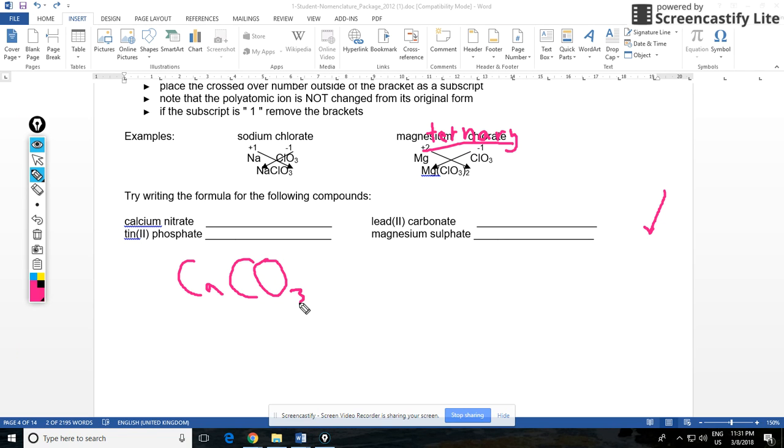To name a ternary compound with a polyatomic ion, all you have to do is name the metal, then name the polyatomic ion. Our metal is calcium. Our polyatomic ion is CO3 2-, carbonate, so calcium carbonate.